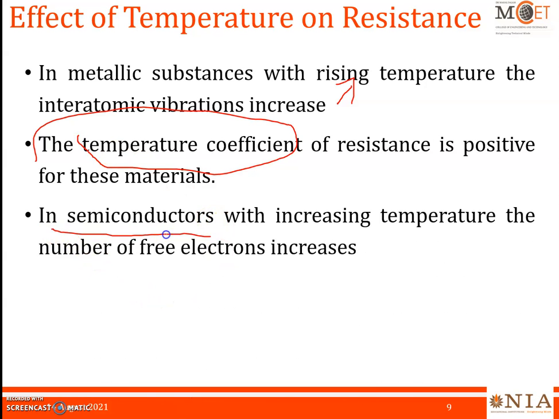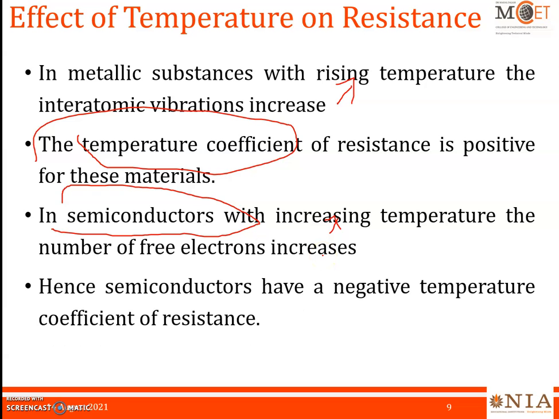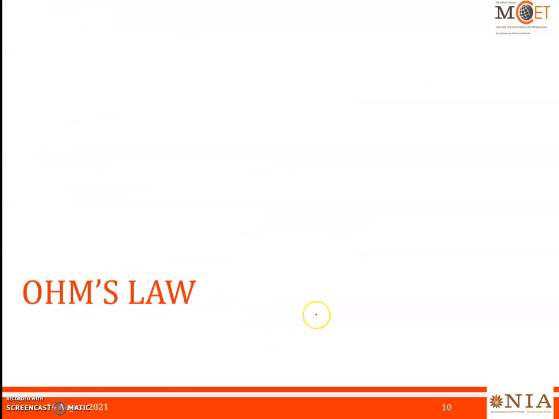In the case of semiconductors, if you increase the temperature, the number of free electrons also increases. That's why semiconductors have a negative temperature coefficient. Metallic substances have a positive temperature coefficient and semiconductors have a negative temperature coefficient.